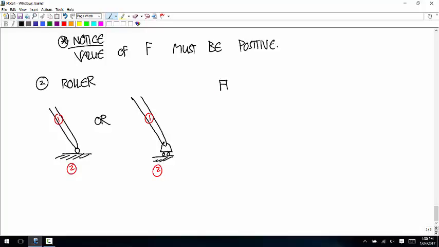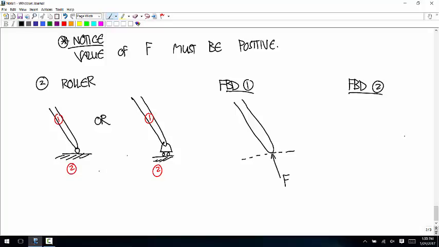So a free body diagram of body 1 looks just like it did in the last example. If that's the surface, the force is perpendicular to it. And Newton's third law says if you isolate the other body, it has to be an equal and opposite force.